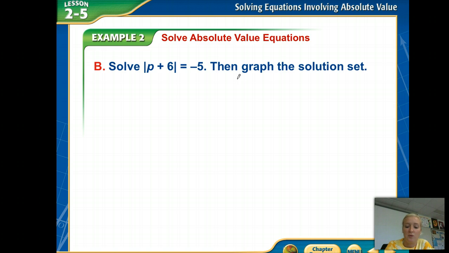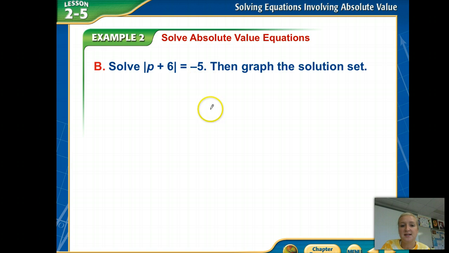Let's try another one. I have the absolute value of p plus 6 equals a negative 5. And there's something goofy about this equation right off the bat, and it is the fact that absolute value is set equal to a negative.